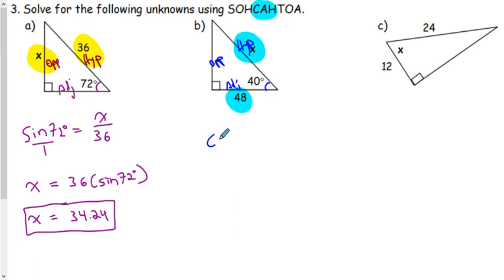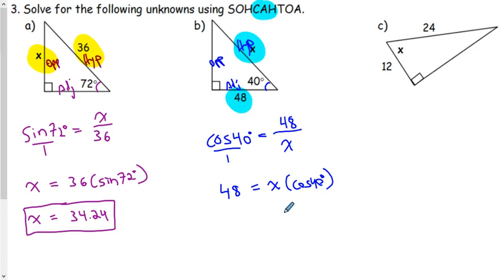Okay, so we'll say cosine of angle 40 degrees. Cosine is adjacent. That's 48 over our hypotenuse, which is x. Let's do our cross multiply game. 1 times 48 is 48. The other side, x times cos of 40 degrees.